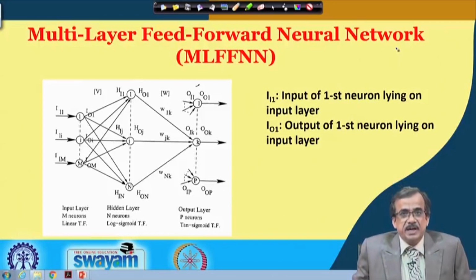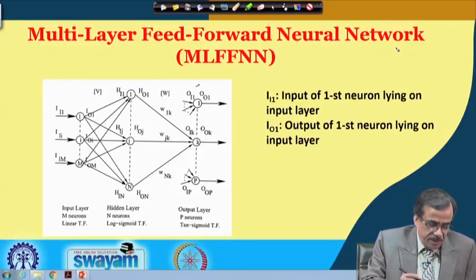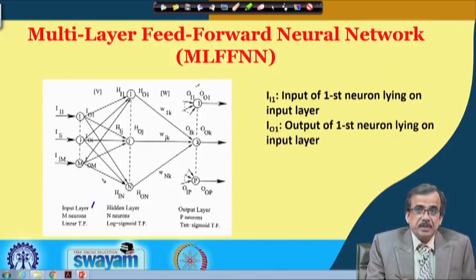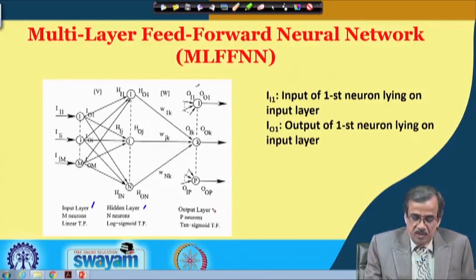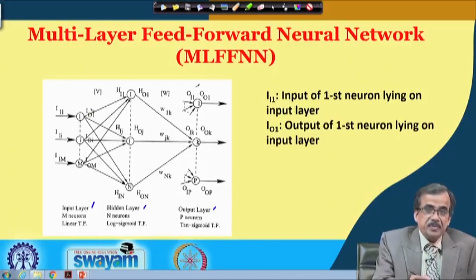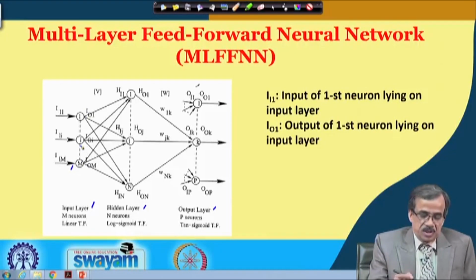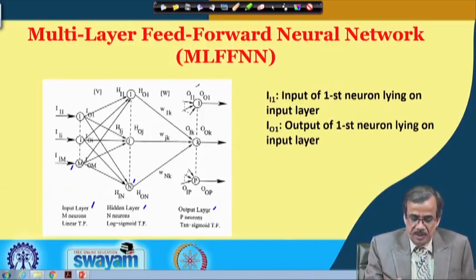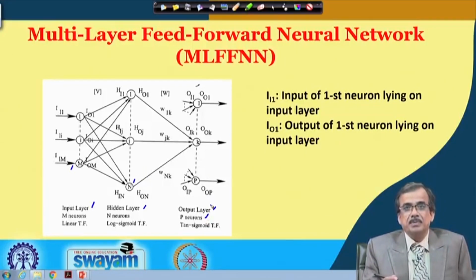Its name indicates that this particular network consists of a number of layers, and here we are going to consider 3 layers: the input layer, then comes the hidden layer, and we have the output layer. On the input layer we are going to consider capital M number of neurons. Similarly, on the hidden layer we have capital N number of neurons, and on the output layer we have capital P number of neurons.